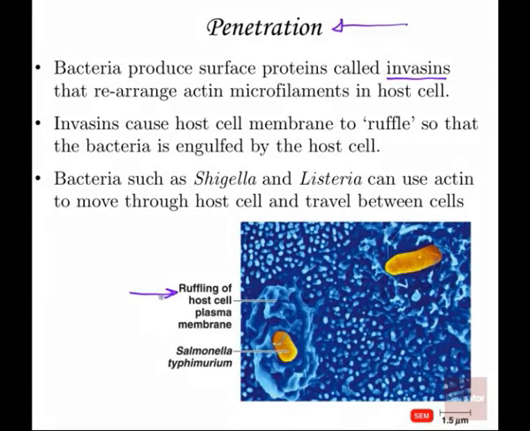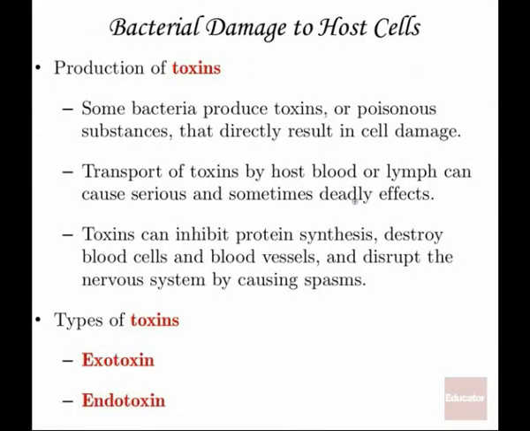And by doing that, it creates an opening for the Salmonella to enter the cell. Now, other bacteria use slightly different mechanisms. We saw Shigella getting into the intestinal epithelium, and sometimes they can use the actin themselves to move into and through the host cell to travel to other adjacent cells.